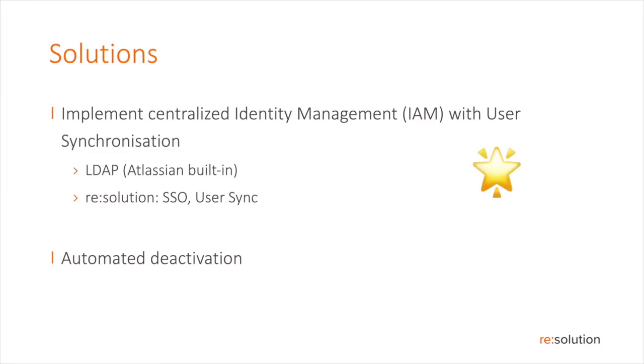Atlassian Crowd might be a much smaller version of that, specialized for customers. Or if you use some other kind of centralized identity provider like Azure AD. So have a look at our single sign-on plugin or our user sync plugin, which implements APIs to a lot of those centralized solutions. That's a gold star solution.